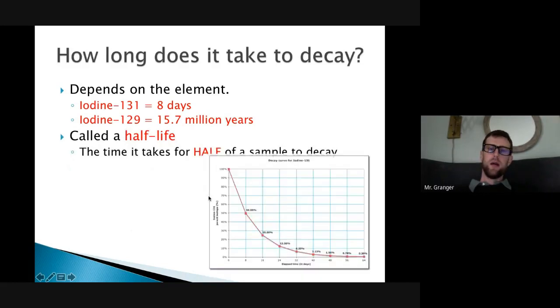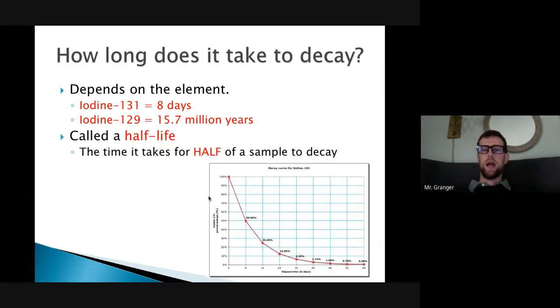We call this time it takes to decay a half-life, which means half of any given sample is going to undergo radioactive decay. So this is a decay curve of the iodine 131 that takes 8 days.